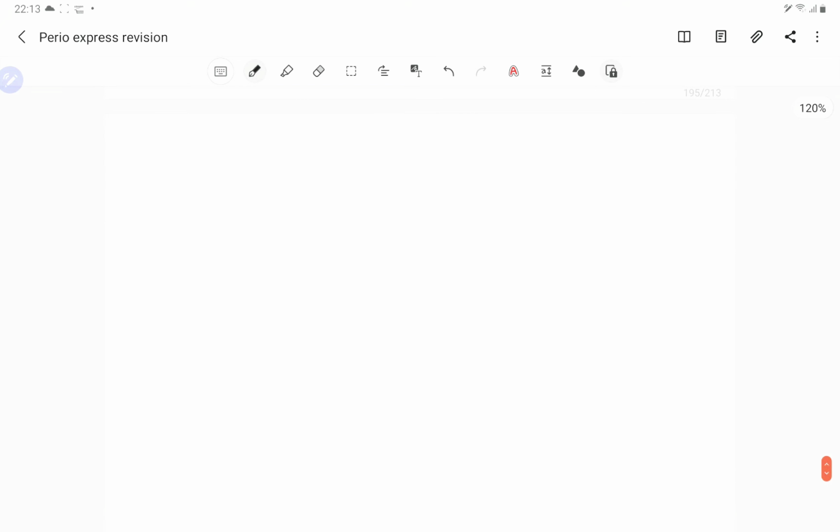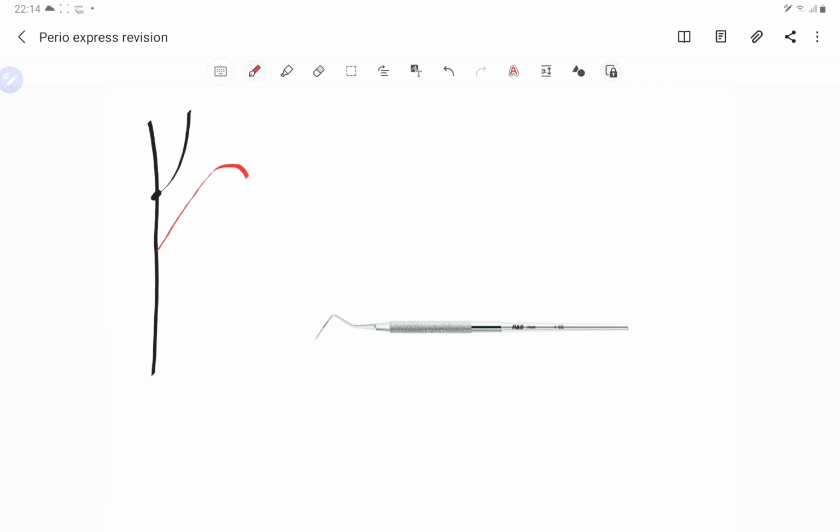So guys, how do we use this periodontal probe? Suppose this is the surface. Now this here is the crown, we have the CEJ, and this is the gingiva. Now what do we want? We want to check the pocket.